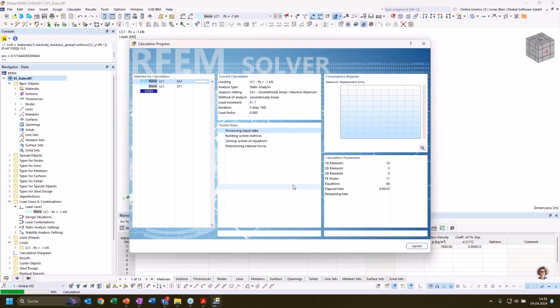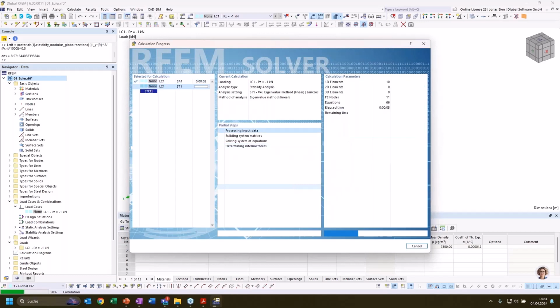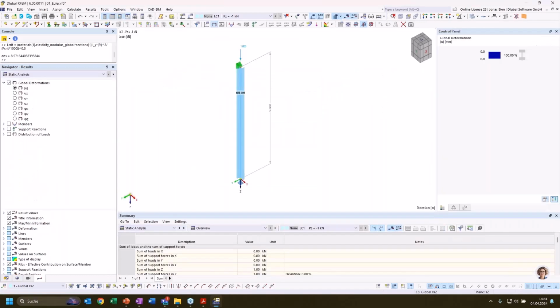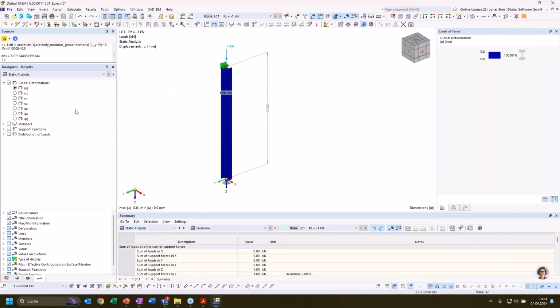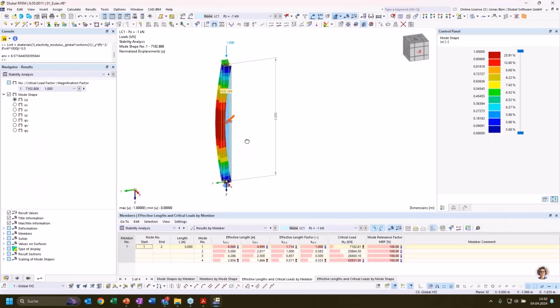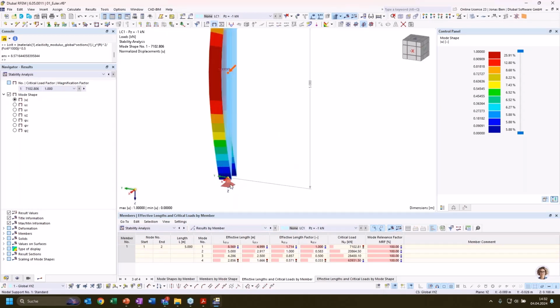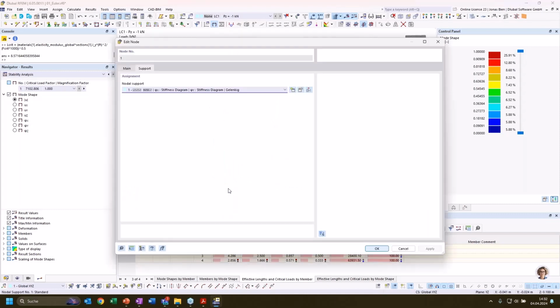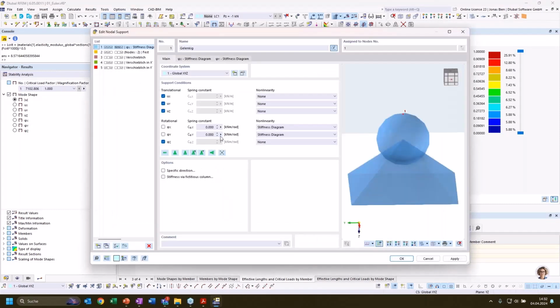Although we have set this nonlinear spring stiffness at the bottom, we get as a result the Euler case 2, where a pure hinge is assumed at the bottom. So when it comes to the supports, only these entries are taken into consideration for the structural stability analysis.